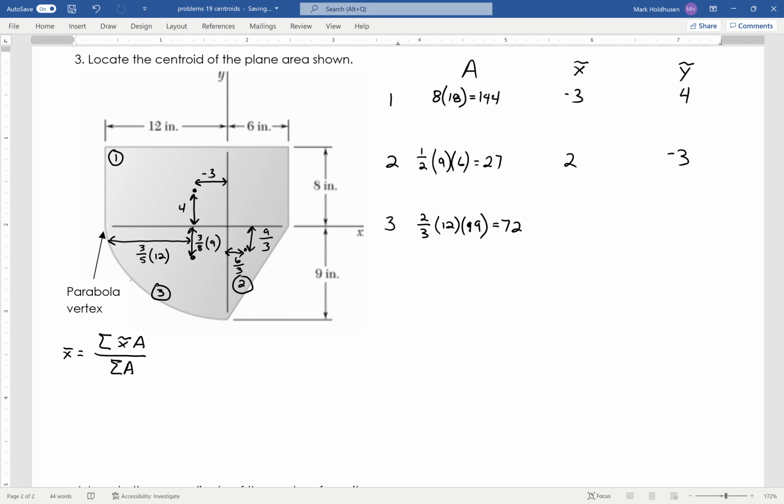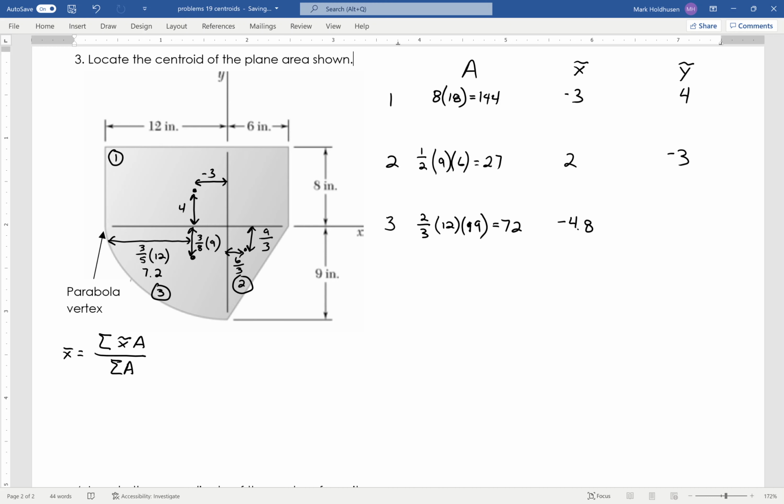So keep in mind this 3/5 times 12 is 7.2, but remember that's from the parabola's vertex, from -12 inches. So it's actually -12 plus that 7.2. That's why I get an x coordinate of -4.8, because I need to go from the origin.